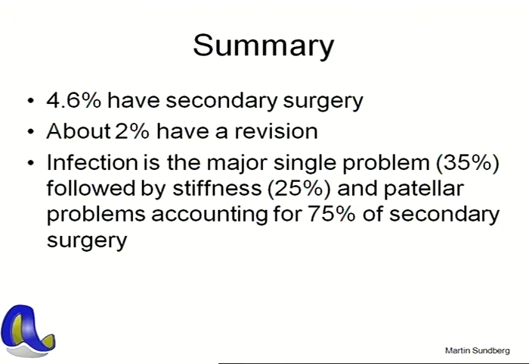Infection and stiffness account for more than 60% of the secondary surgery. Stiffness is usually treated with a closed procedure, but from the patient's perspective, you need in-hospital care and it is a major setback in the rehab. And since we only use 10% patella components, addition is a common cause for revision and also needs hospitalization.